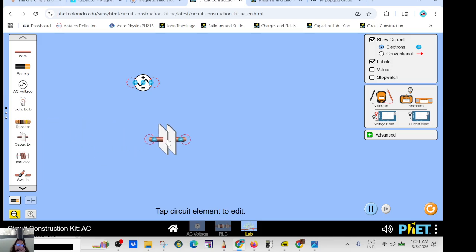So I'll just show you. This is called the RC circuit.